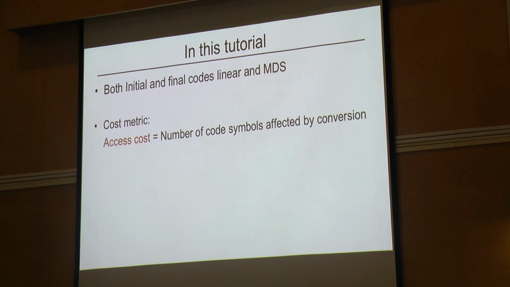Both initial and final codes being linear is a good assumption. As I mentioned, most storage codes are linear. And MDS was just a good starting point because of the properties of optimal usage of storage space. And the starting point for the cost metrics was access cost.